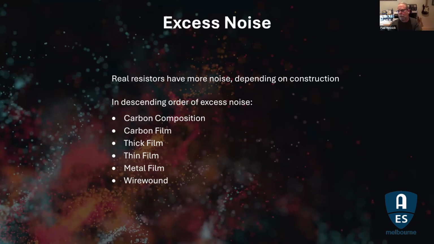You can get a few standard ones, but they start to get quite difficult to actually buy. And then there's wire wound, which is just nichrome wire, basically. You don't see that a lot in audio since they tend to also be great inductors. So thin film and metal film are where you tend to find the excess noise is not something that you worry about.